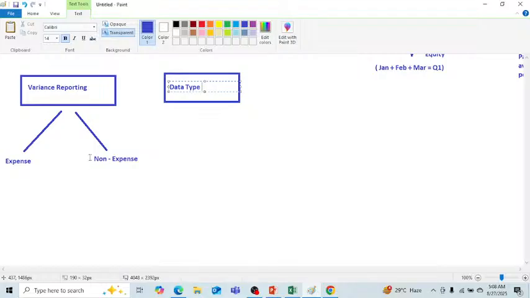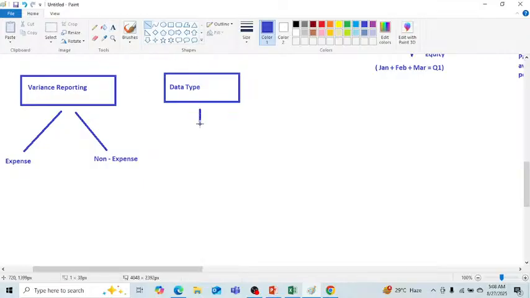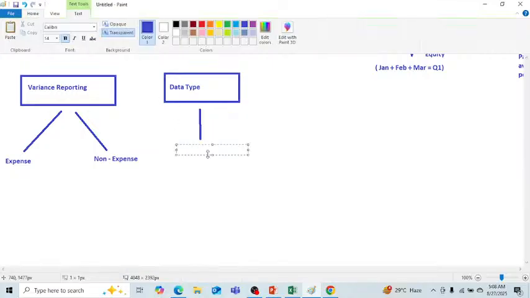It defines the type of data the member can hold.